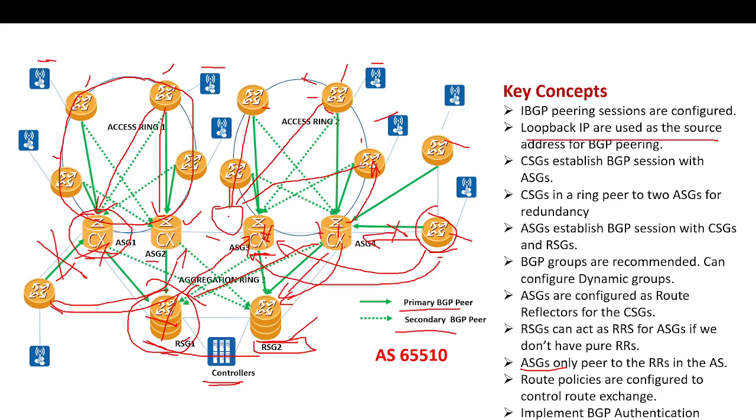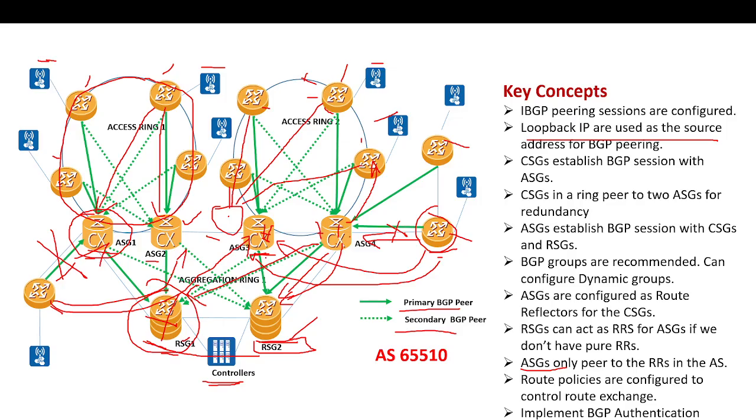Now for the RSGs, for the ASGs, their route reflector can be the RSGs, right? Yes, if we want to have a route reflector for the ASGs, we can ask the RSGs to be their route reflector.